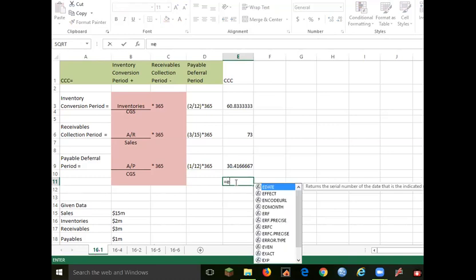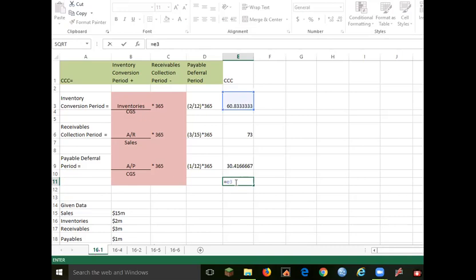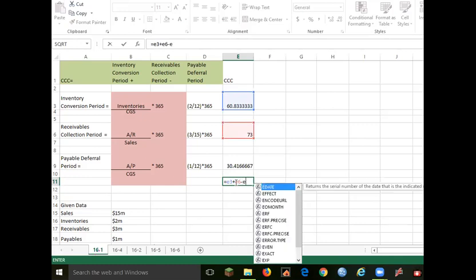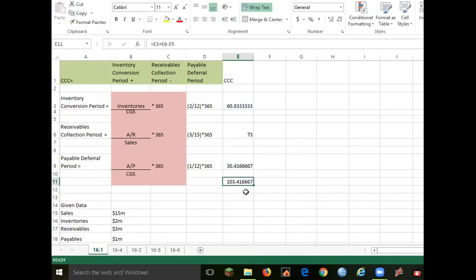Just add these two, the inventory conversion period and the receivable period. So the cash conversion cycle is 103.41 days, or you can simply say the cash conversion cycle is equal to 104 days. Okay, so this is the answer for requirement 1.